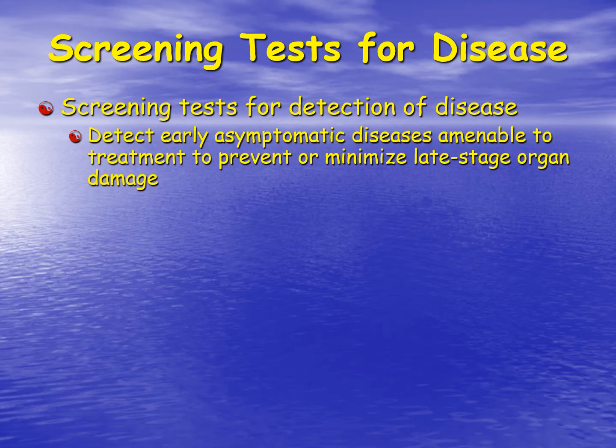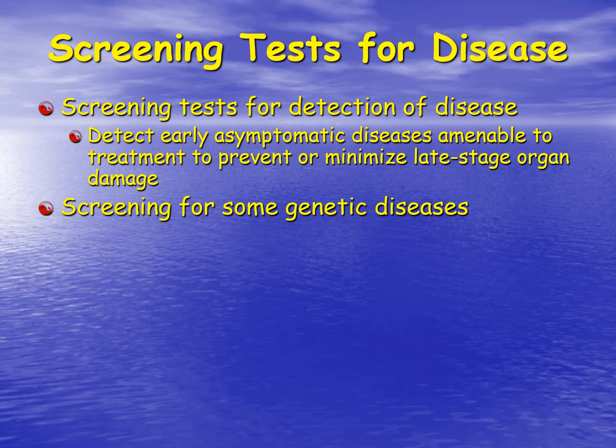So some screening tests for detection of disease. Why do we want to do these? Well, for one thing, oftentimes these will detect early asymptomatic diseases amenable to treatment and prevent or minimize late-stage organ damage. The earlier we can detect the diseases in some cases, the better the outcome will be for the patient.